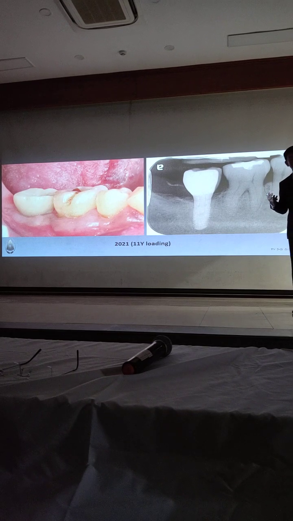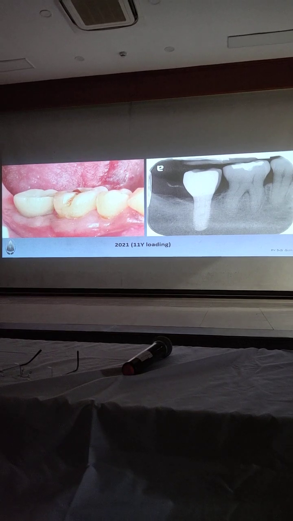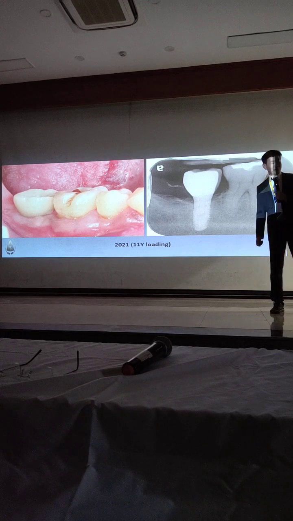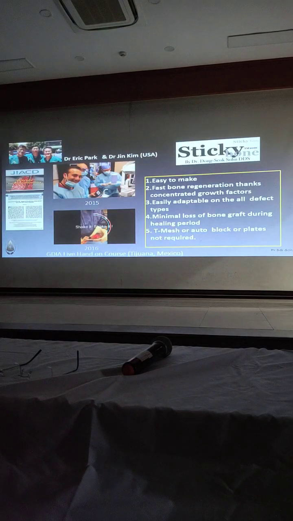You don't need to use platinum membrane in small defects. I still use platinum membrane when I do a huge vertical augmentation. In many cases, I prefer to use only a CGF fibrin membrane, or collagen membrane in places that lack a lot of bone. Sticky bone with a fibrin membrane is enough, in order to keep it simple.